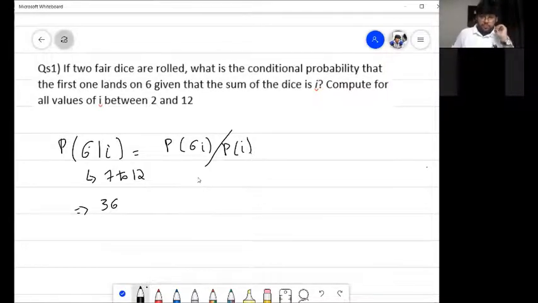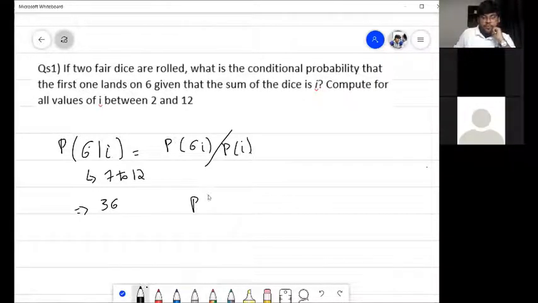Now, if I ask you what is the probability of you getting a 6 and a sum of 7, essentially what value is that in terms of our sample set? Like if I say the probability of you getting a 6 and a 7, what is that value?